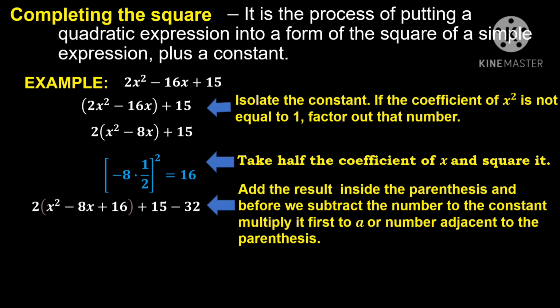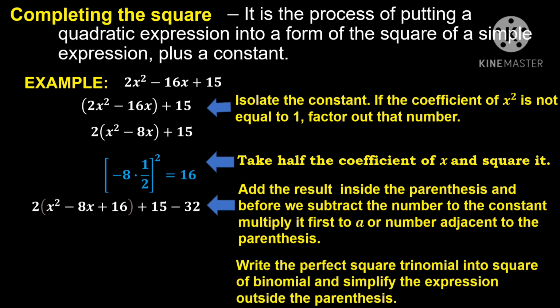Next, we write the perfect square trinomial as the square of a binomial and simplify the expression outside the parentheses. We put there 2, and x squared minus 8x plus 16 becomes the quantity x minus 4 squared, because x squared minus 8x plus 16 is a perfect square trinomial.